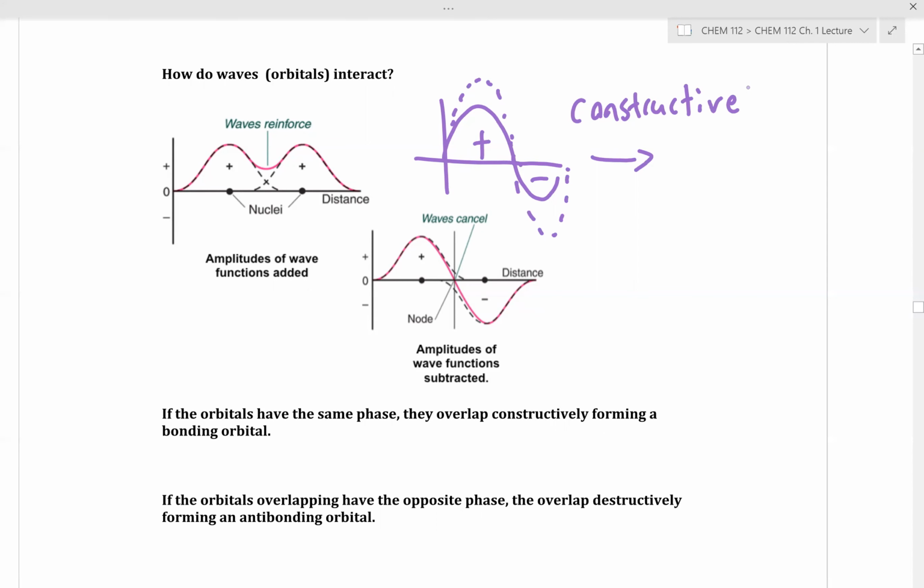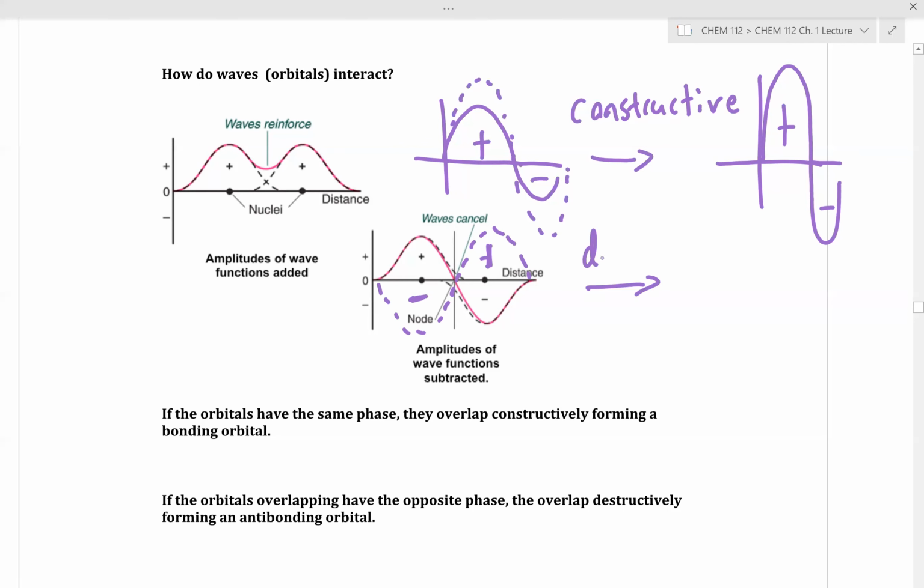As these two regions overlap with the same phase, would we expect a larger or a smaller amplitude? Larger, yep. So we end up with a larger amplitude. Now, if our waves are out of phase, we are overlapping regions of opposite phase.